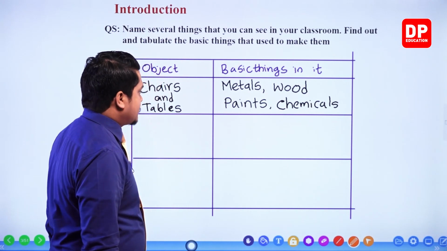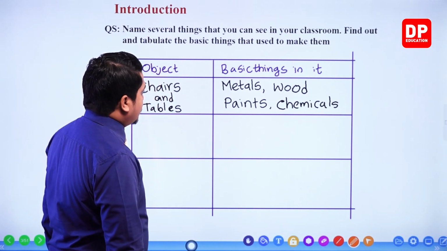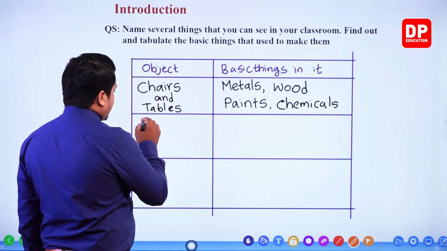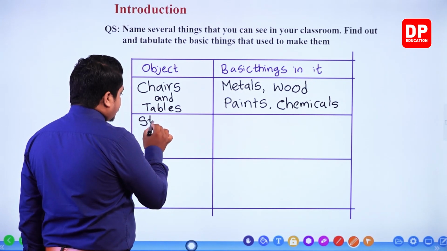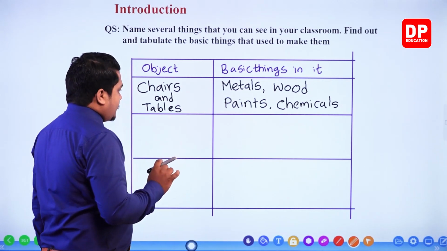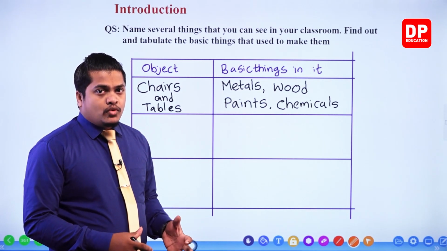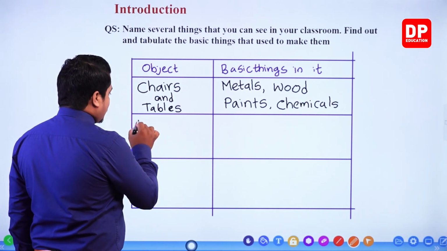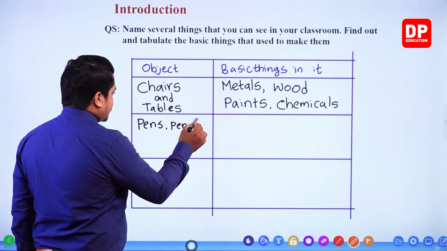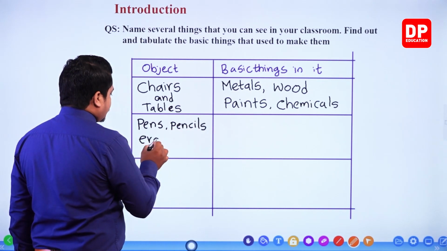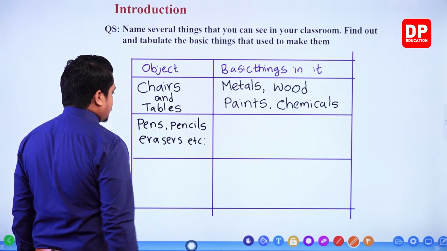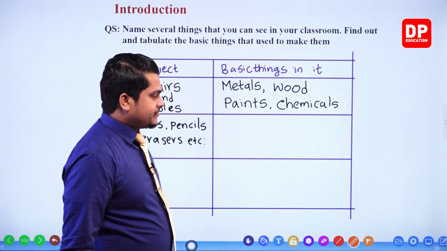different chemicals. Then, my dear children, what are the other objects that you can observe within your environment? We'll mention stationery items, or else we'll make it even simpler. We'll write it down as pens, pencils, erasers, etc. Etc. means stationery items.